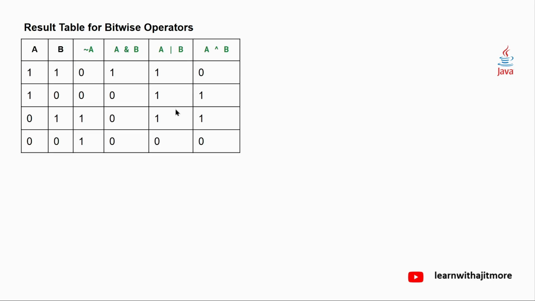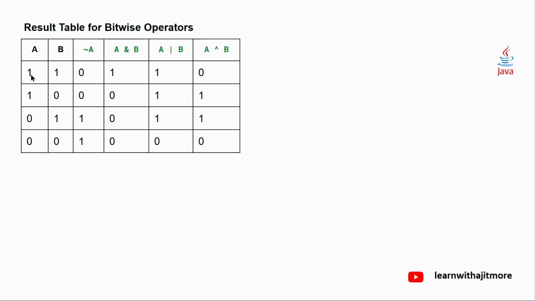Instead of calling it a truth table, because they are not working on the Boolean data type but on bits, we just call it the result table for bitwise operations. I'm taking the combinations: A's bit is 1 and B's bit is 1, or 1 0, or 0 1, or 0 0.